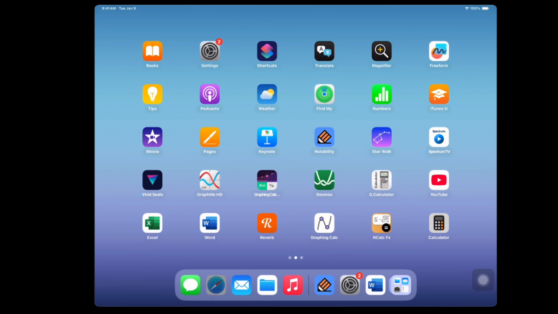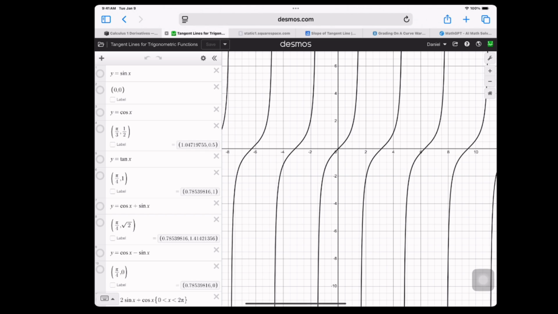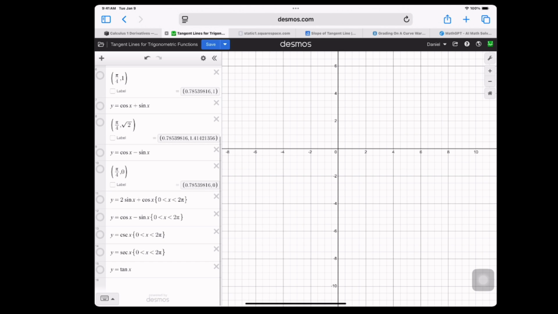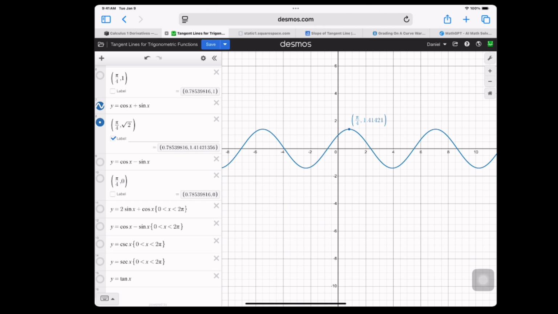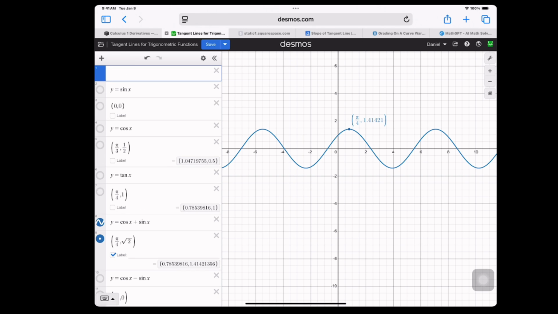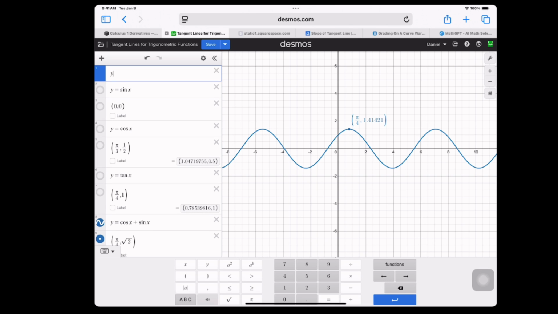So in Desmos now, y plus cosine, here you go. And I'm going to add this function here, where y is the equation of the tangent line.